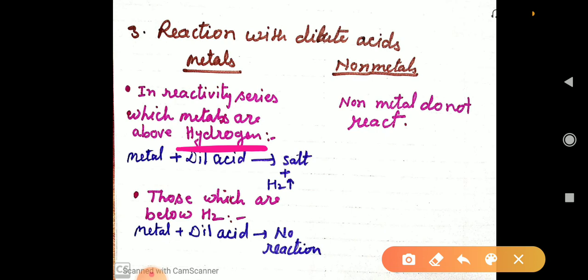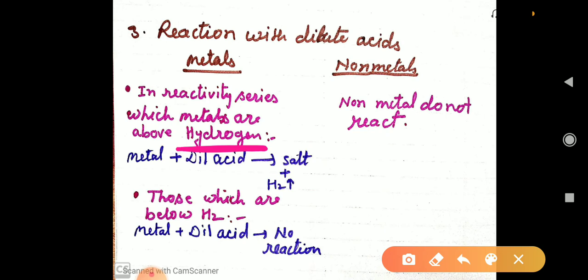And those which are below hydrogen in the reactivity series do not react with the dilute acid, because their reactivity is very less.